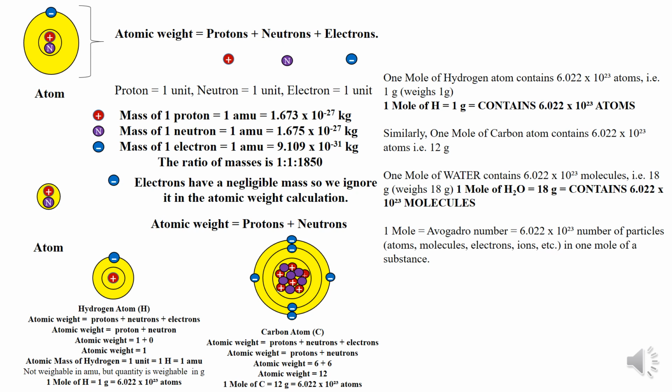So 1 mole represents the Avogadro number of particles, which could be either atoms, molecules, electrons or ions, present in 1 mole of a chemical substance. So 1 dozen represents 12 items or 12 numbers. 1 mole represents Avogadro number of particles. Particles could be atoms, molecules, ions, or even electrons.